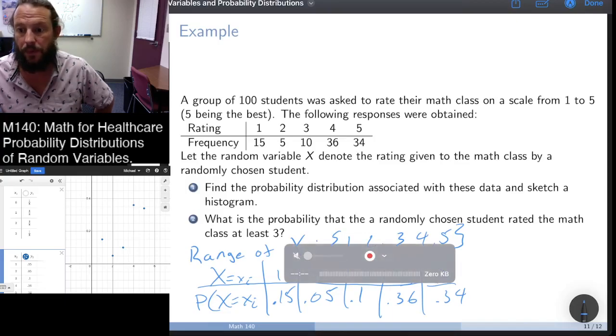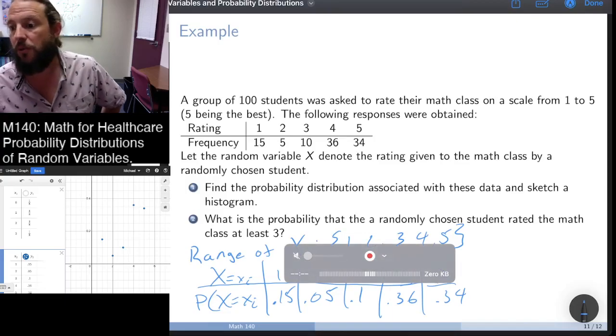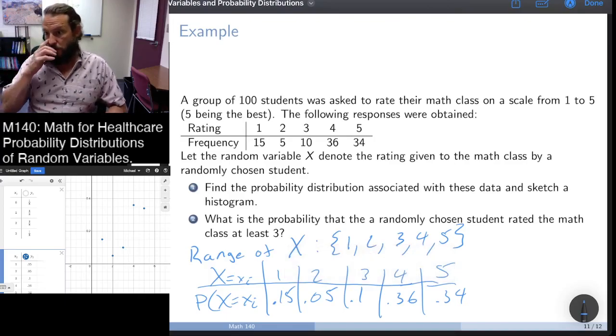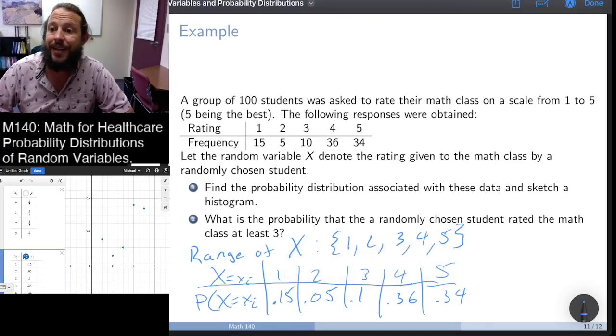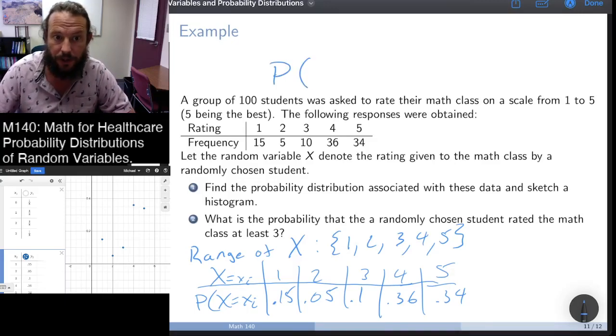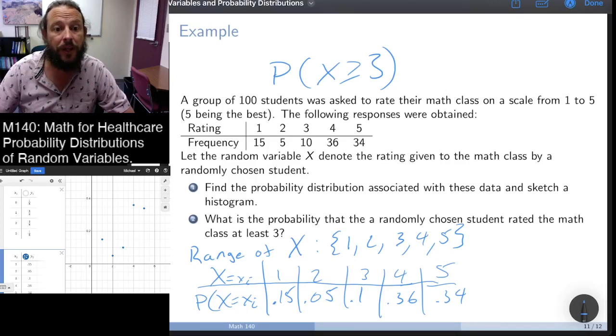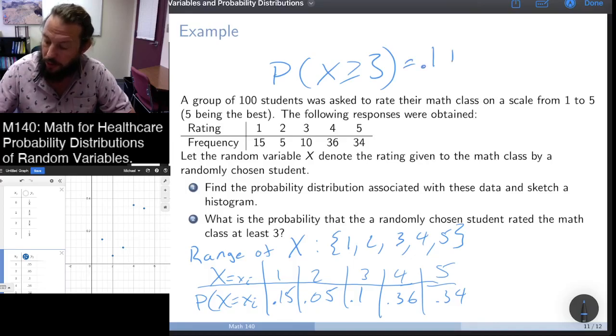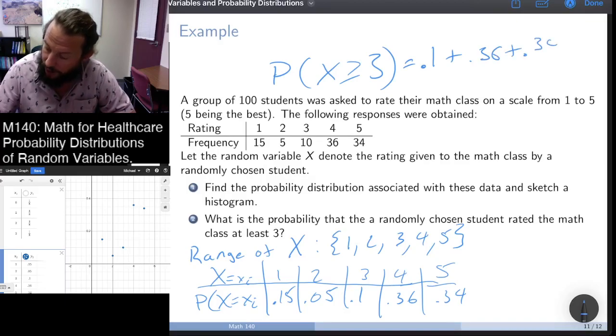Now, what did it say here? What is the probability that the randomly chosen student rated the math class at least a 3? We're looking for the probability that x is greater than or equal to 3, which is the probability that x equals 3, which is 0.1, plus the probability that x is 4, which is 0.36, plus the probability that it's 5.